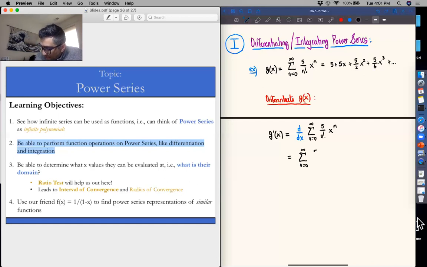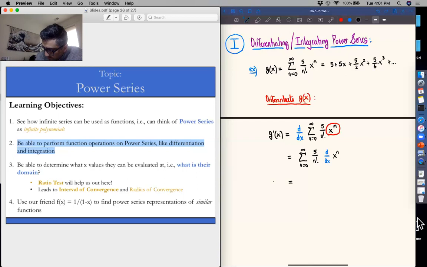It's going to move beyond that 5 over n factorial, because the only thing with an x inside of that series is that x to the n. And just like we would do with any power rule, since we have x to some power and we're differentiating with respect to x, we bring that power down in front and we raise x to a power minus 1.